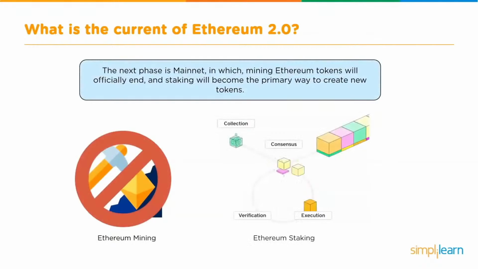The next phase is mainnet, merging the Beacon chain into the current Ethereum network. Mining Ethereum tokens will officially end in this phase, and staking will become the primary way to create new tokens in the Ethereum network.